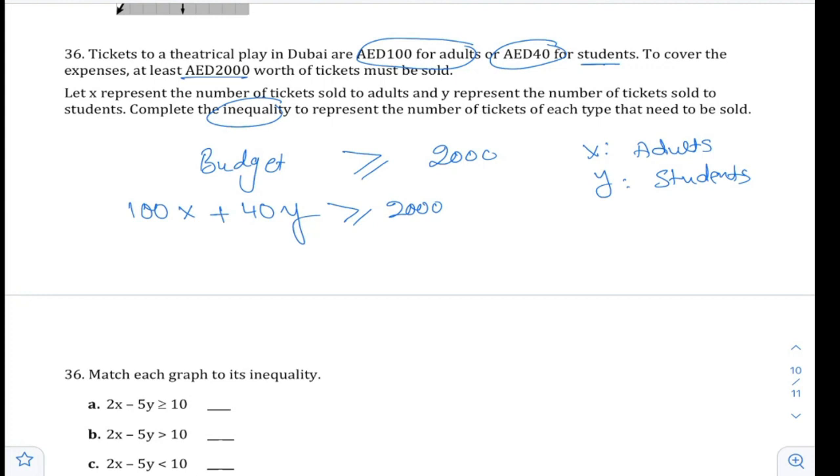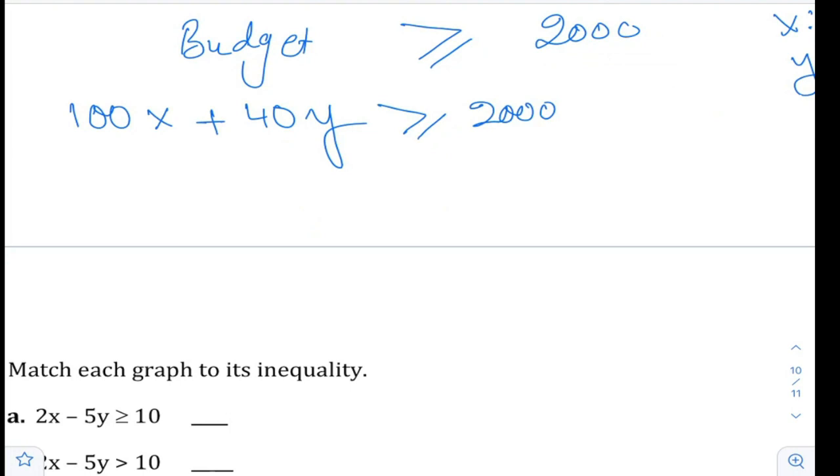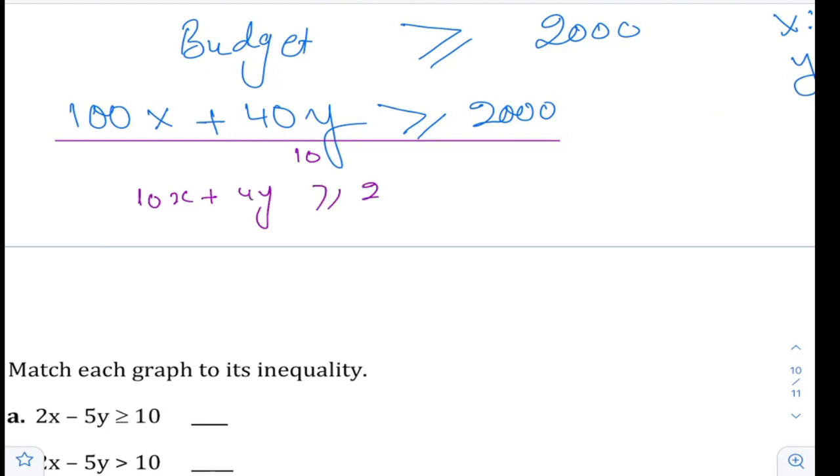If you are asked to graph, please try to simplify. Here you are not asked to do that. As we see here, all of these terms are divisible by 10. So this will be 10x plus 4y more than or equal to 200. Also, we can divide everything by 2.